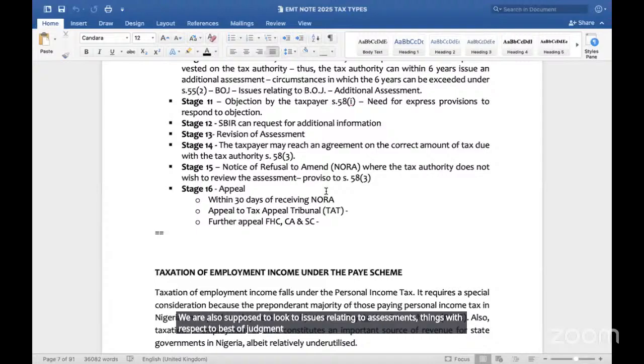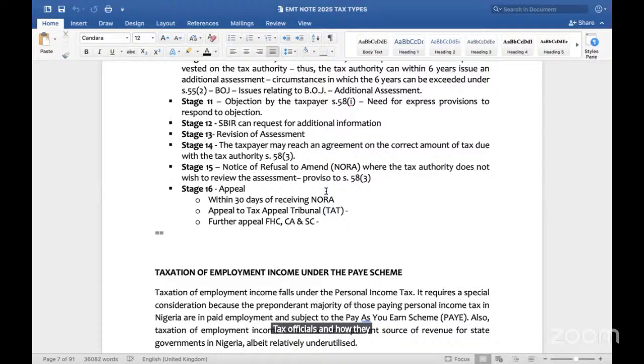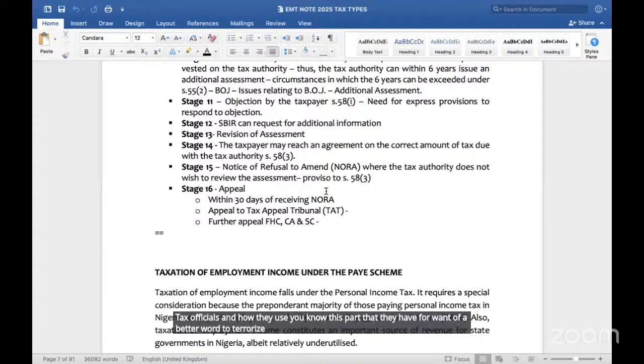We're also supposed to look at issues relating to assessments, best of judgment assessment, and levy. In particular, I got that tax officials use the power they have, for want of a better word, to terrorize taxpayers, when it's not supposed to be arbitrary. So we should look at the requirement of non-arbitrariness.